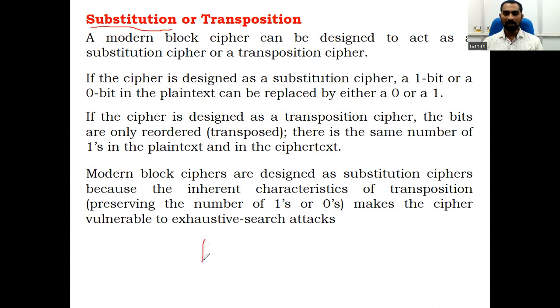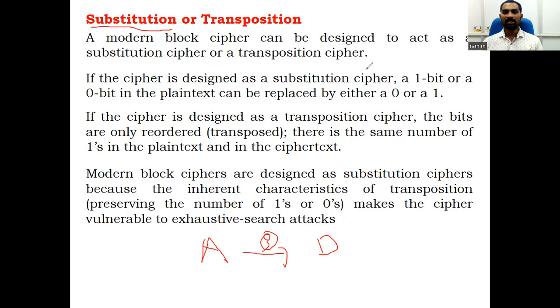simply substitute a value. For example, in the traditional substitution cipher, we take A and a key value, say 3. We replace A with the letter 3 units away: B, C, D. So we replace it with D. But in the block ciphers we are considering, we deal only with bits, either 0 or 1.